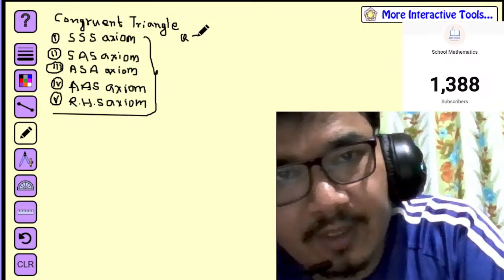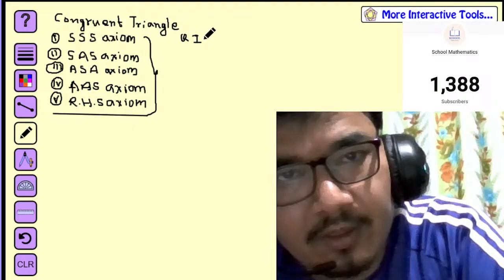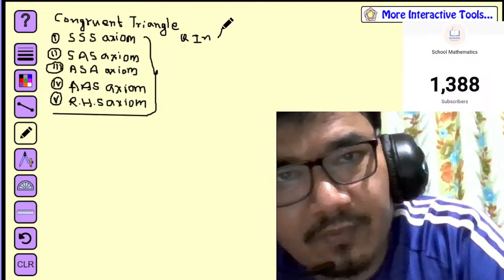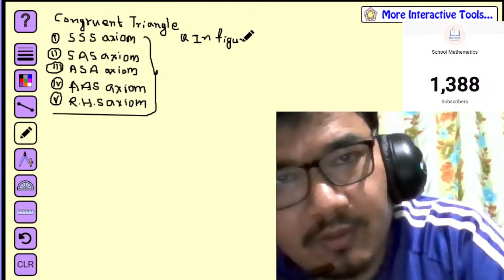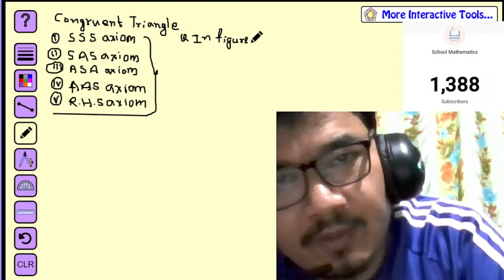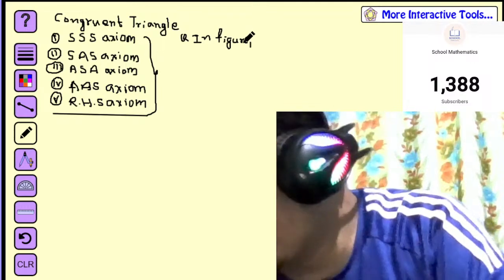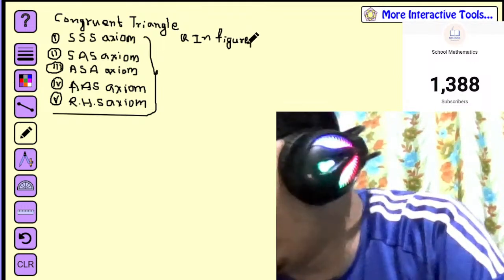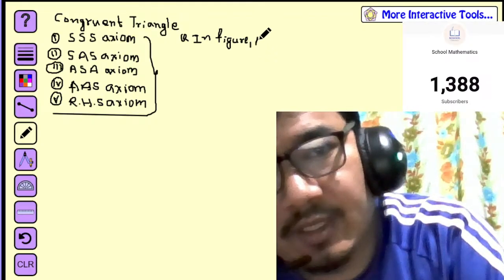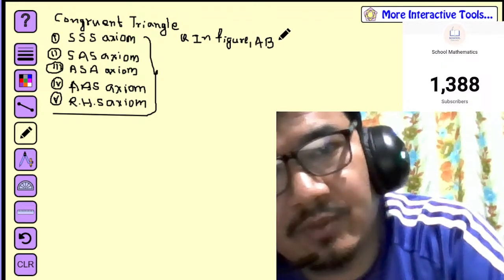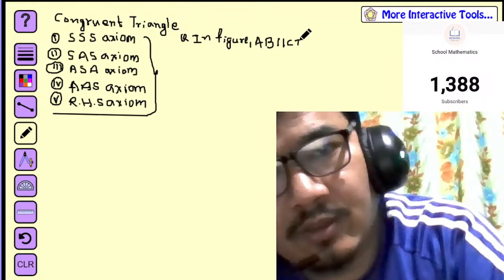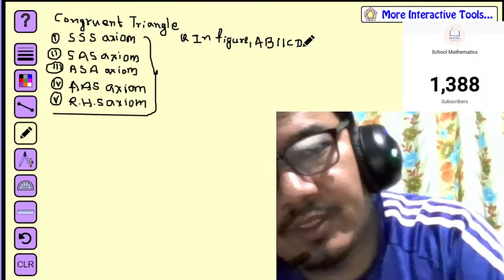In the figure, there is given AB parallel to CD, right? Look, AB side is parallel to CD, given already.